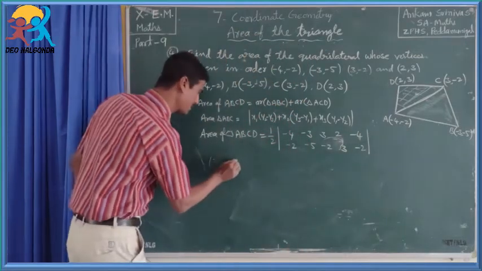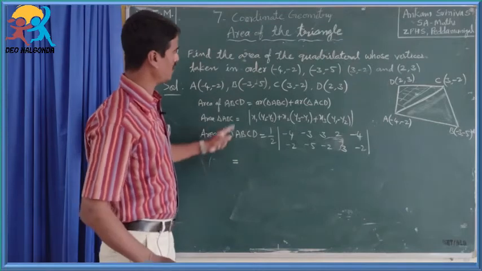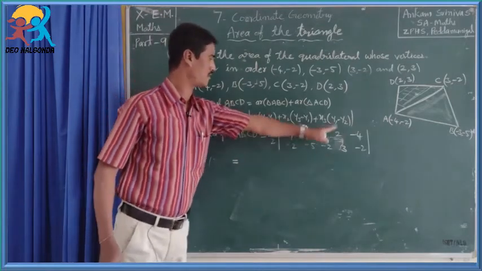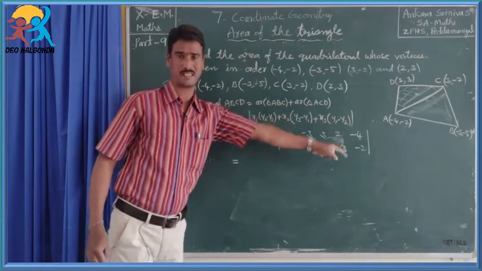The process is to write the first vertex, second one, third one, fourth one, and then repeat the first one as it is.